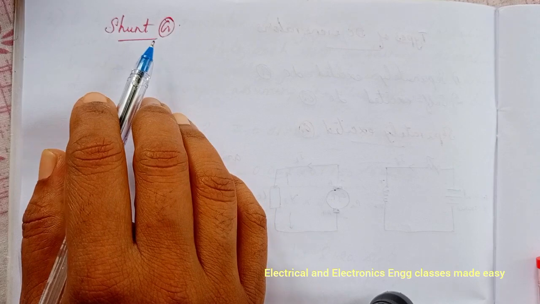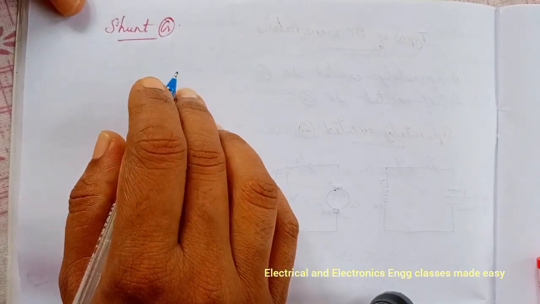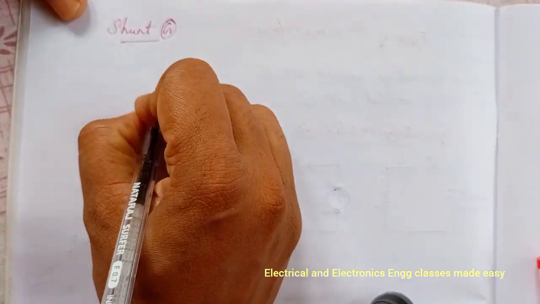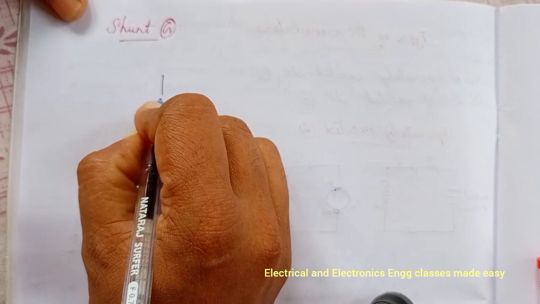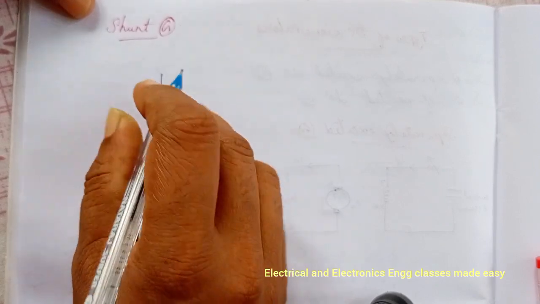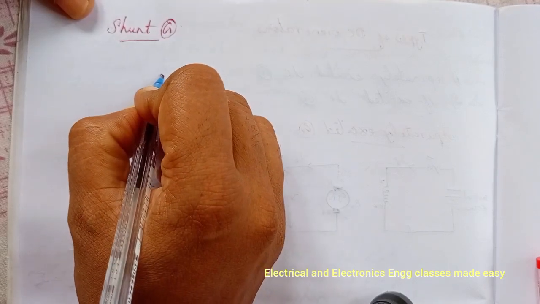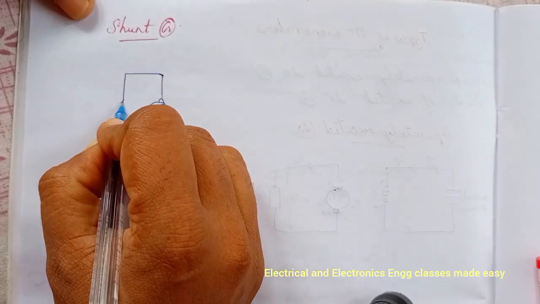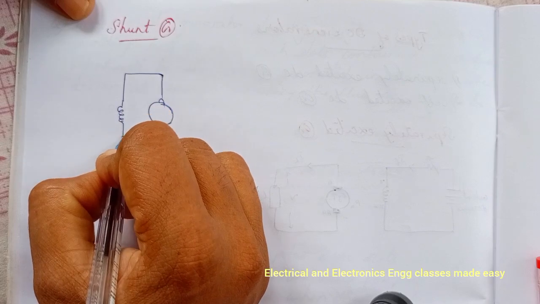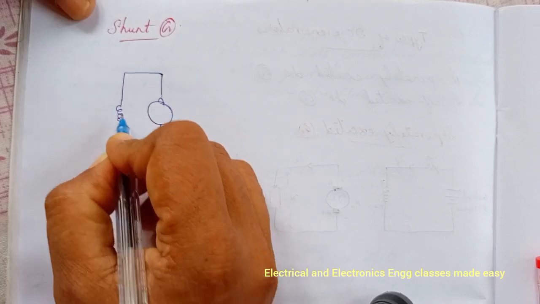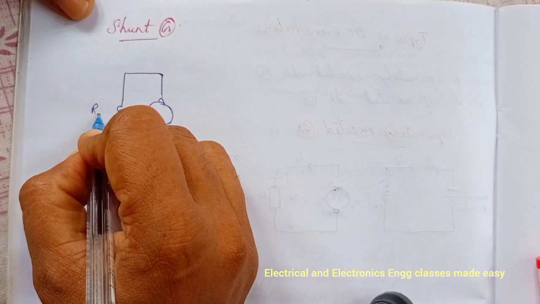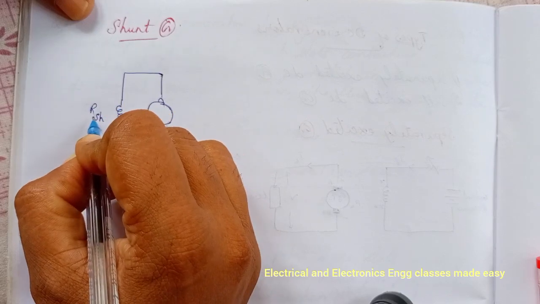Next is shunt generator. In DC shunt generator, the field winding is connected in parallel with the armature winding. That is, this is the armature winding. Then the field winding is connected in parallel with it, and let the resistance be Rsh.